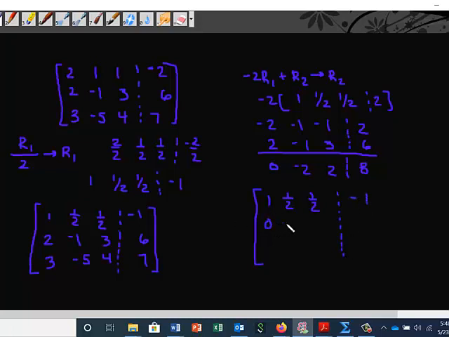This is 0, -2, 2, 8, and then the third row remains the same, and this is what we have.